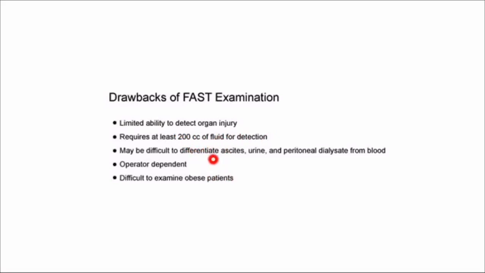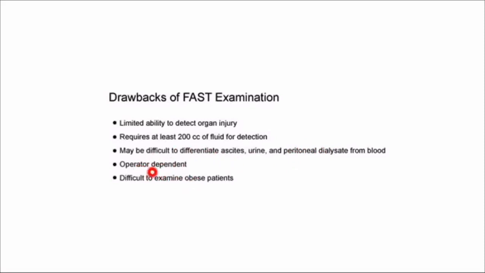And intraperitoneal fluid is quite difficult to classify as to whether it's really hematoma or can be ascites, urinoma, or secondary to peritoneal dialysate in patients on peritoneal dialysis.